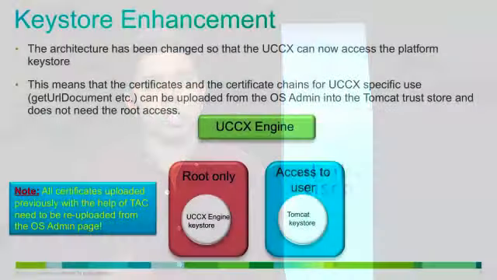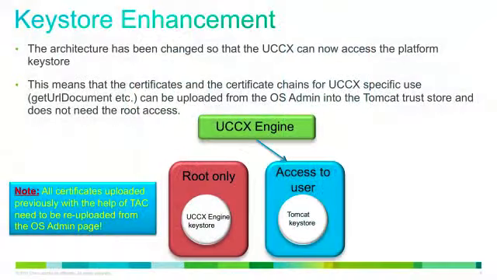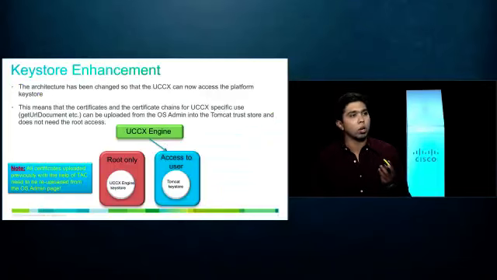So what has changed is that UCCX, instead of accessing the engine key store, will now access the Tomcat key store itself. And like I've already said, the Tomcat key store is exposed to the user. So you don't have to contact TAC and obtain root access. You can just upload the certificate and the certificate chain into the Tomcat key store via the OS administration.